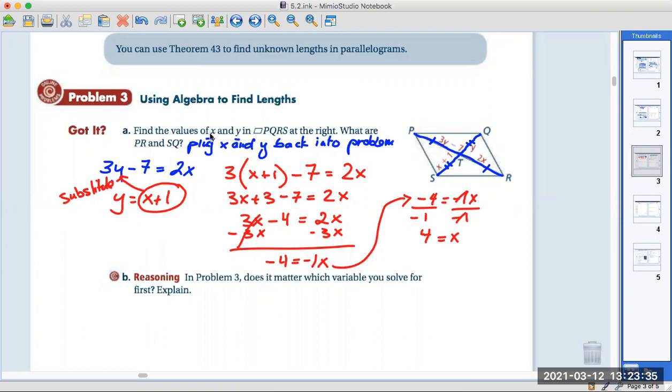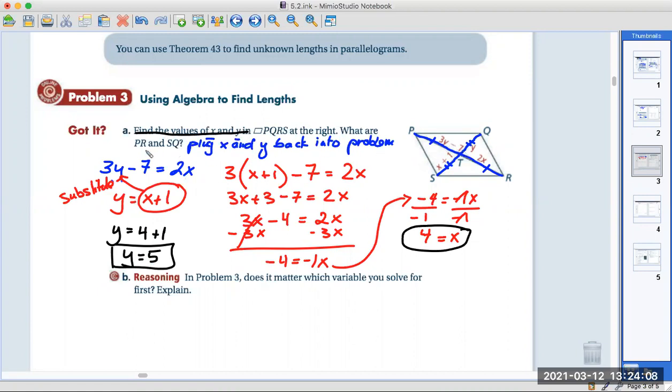Actually, we do need x and y because it says find the values of x and y. Obedient students we are. We follow like little sheep. Y equals x, which is 4. So I'm taking that and plugging it in here. So now I know what y is, right? X is 4, y is 5, correct? So that's the first part. Find the values of x and y.